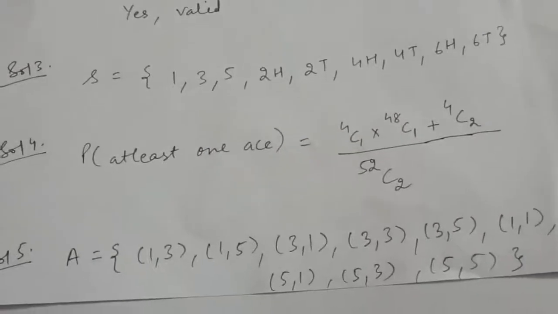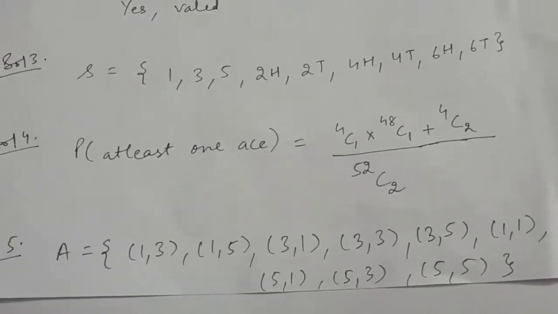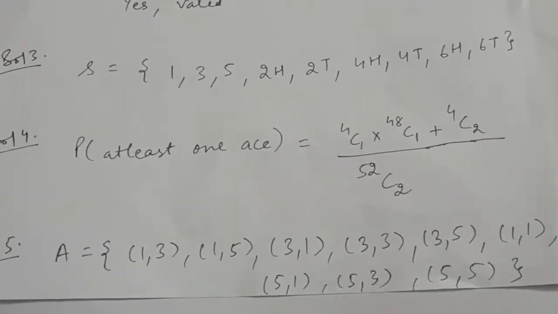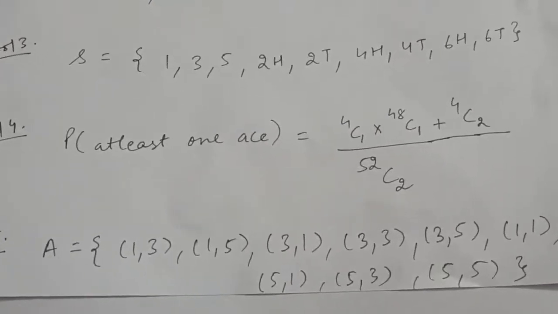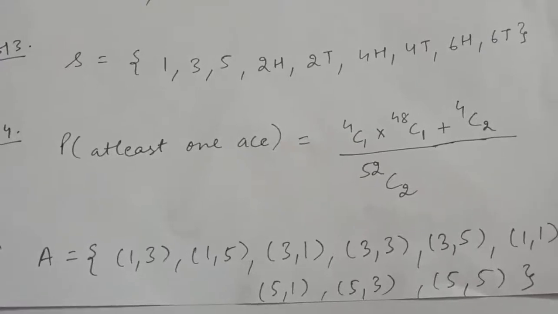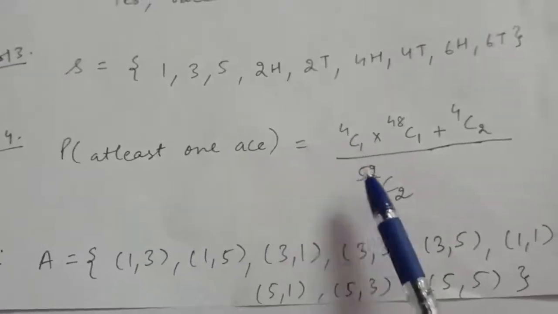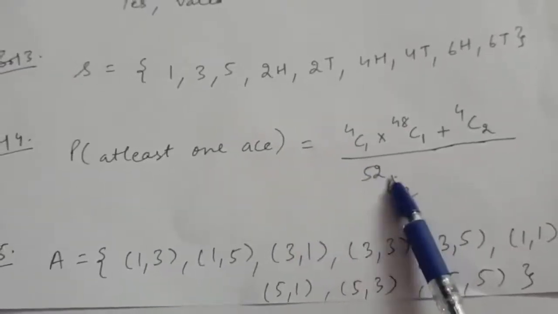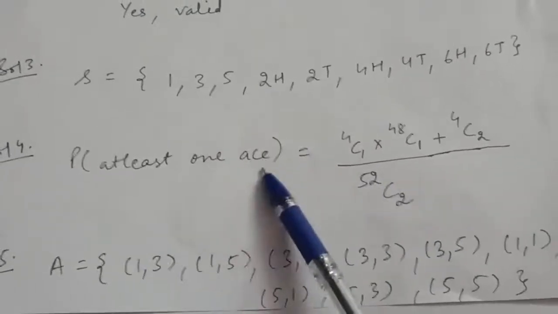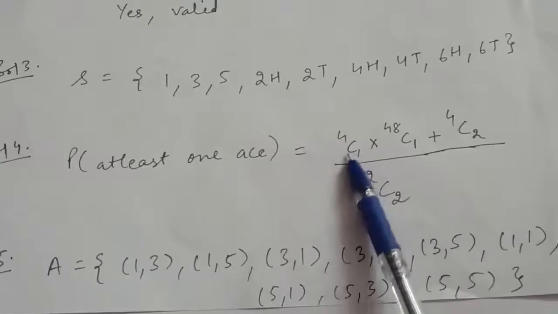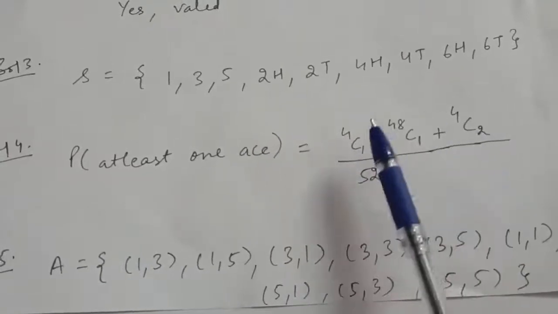Question number 4 is to find the probability of at least one ace when 2 cards are selected from the pack of 52 cards. Now see, total outcomes will be, out of 52 we have to select 2 cards, which is this, and favorable will be, see, at least one ace, that is either one ace or both the aces, right?